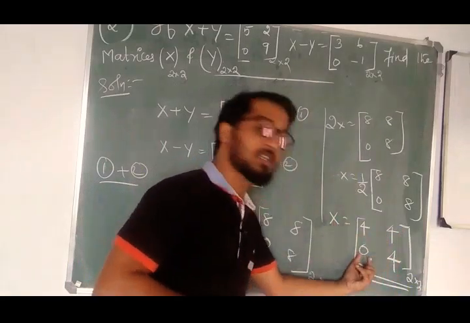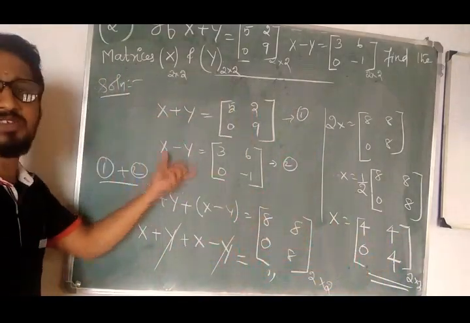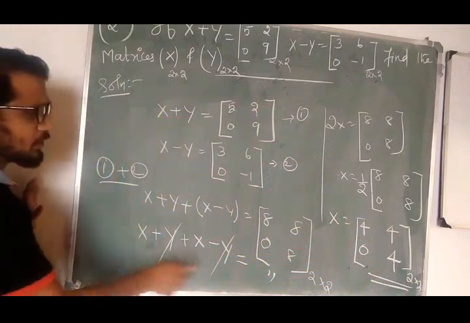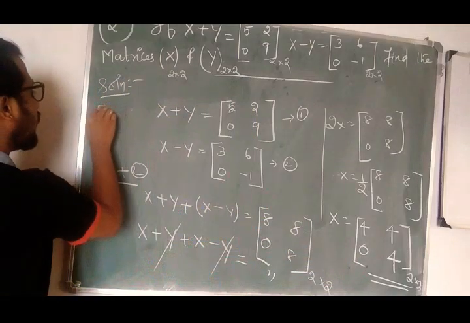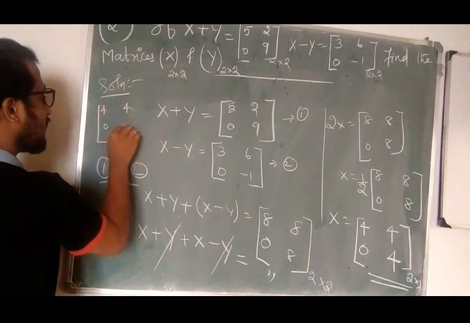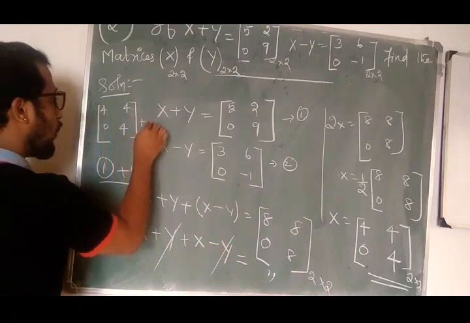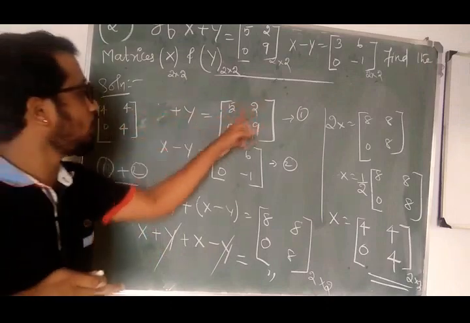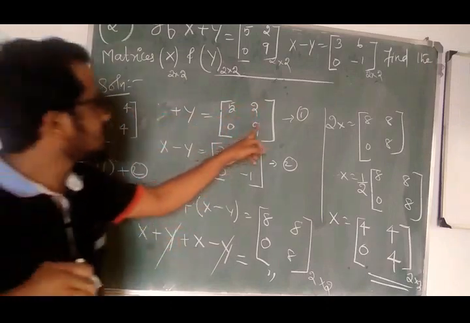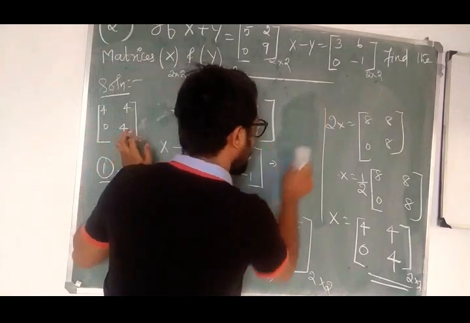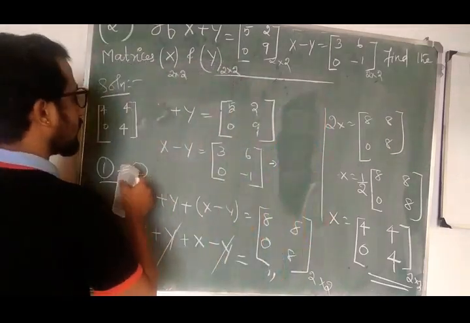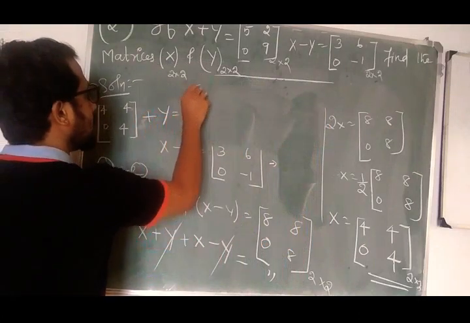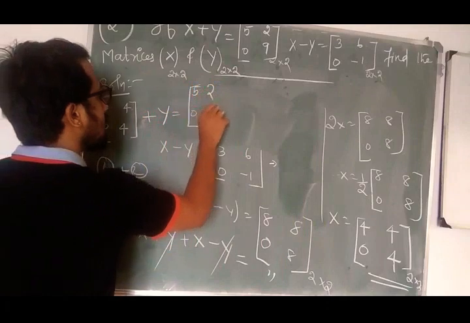Now I am taking this x value to substitute in any one of the equations, equation number 1 or equation number 2. I am going to substitute, listen here, [4, 4, 0, 4] plus y is equal to [5, 2, 0, 9].